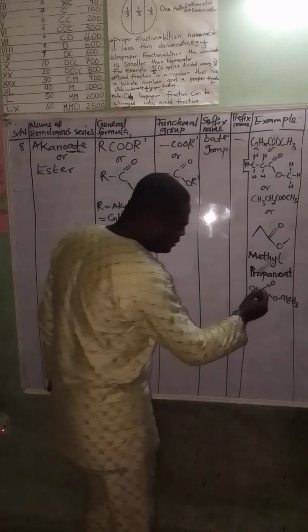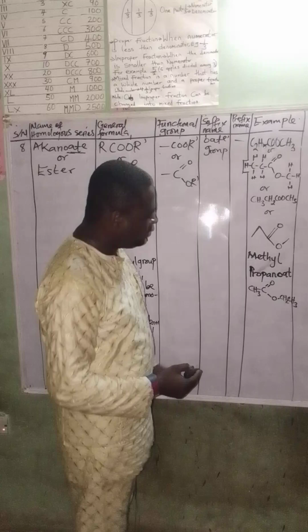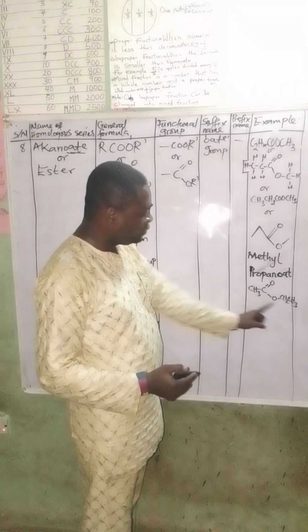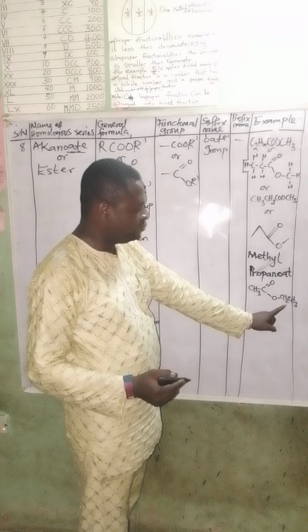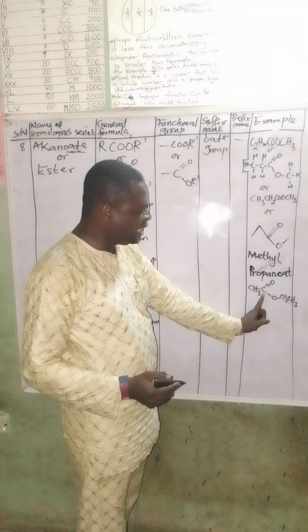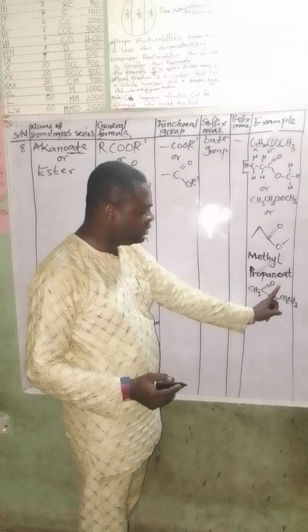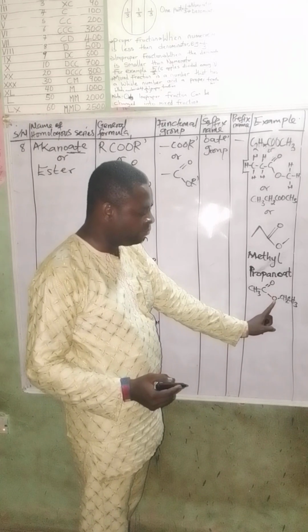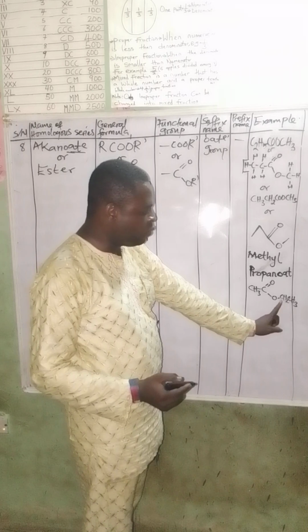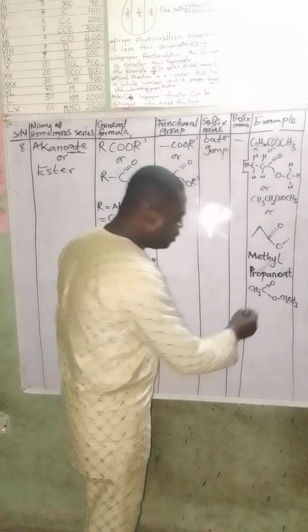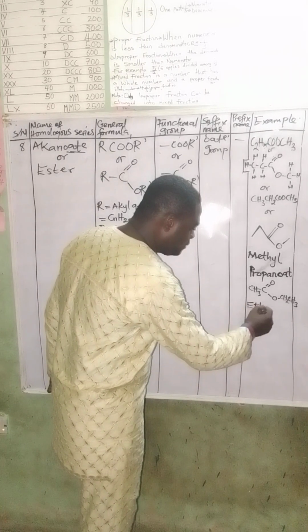So what we have here is what? Now, look at this. This is the alkyl prime, because between it and the carbon bearing double bond to oxygen, there is oxygen atom between them. So you start, and when you have 2 carbon, call it what? Ethyl.